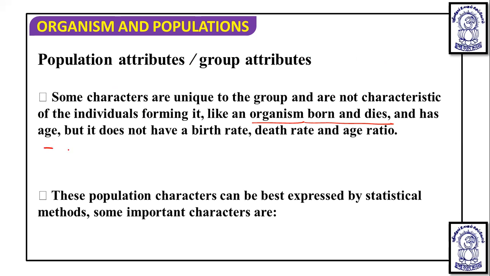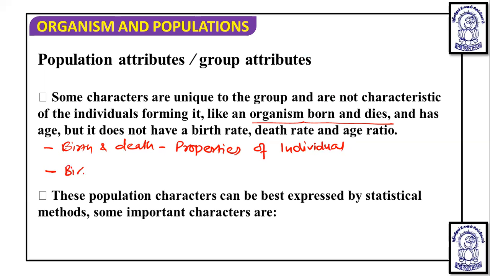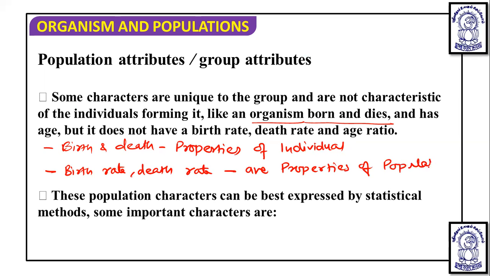Birth and death are characteristics of the organism, the individual. So birth and death are properties or attributes of the individual. An individual cannot give a birth rate or death rate. So birth rate and death rate are properties of the population.